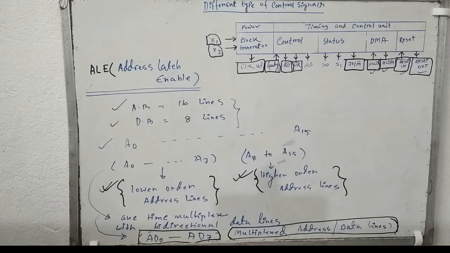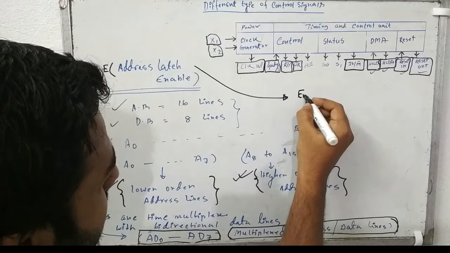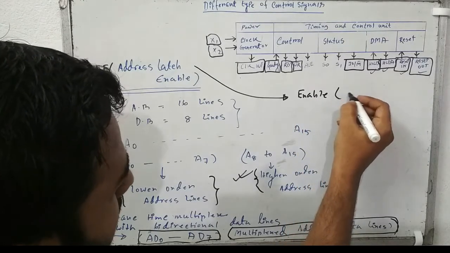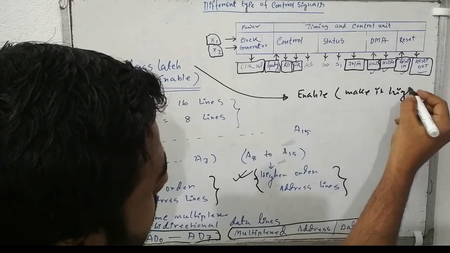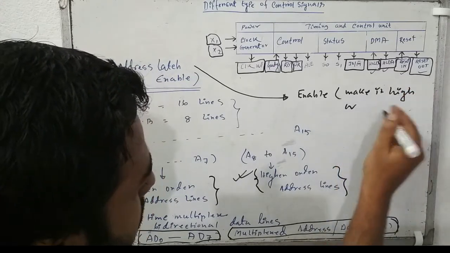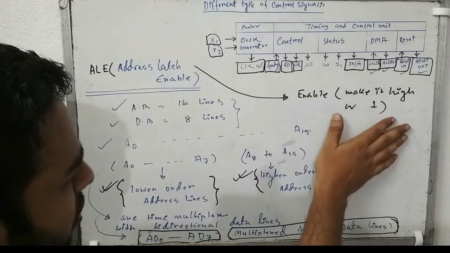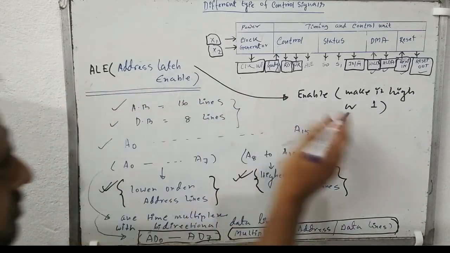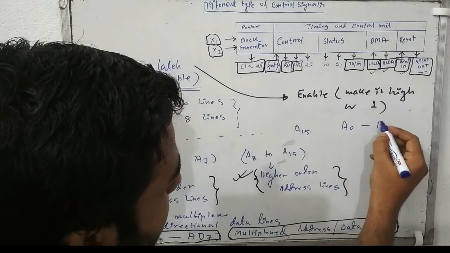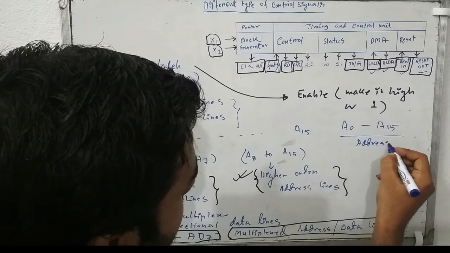By enabling the ALE signal, by making it high, or 1, at that moment when the ALE signal is 1, all A0 to A15 will work as the address bus.